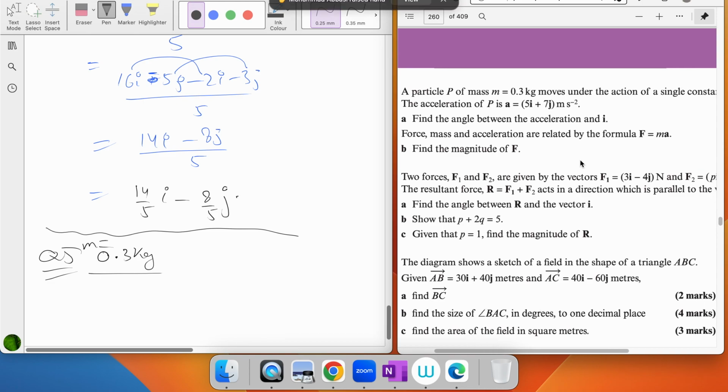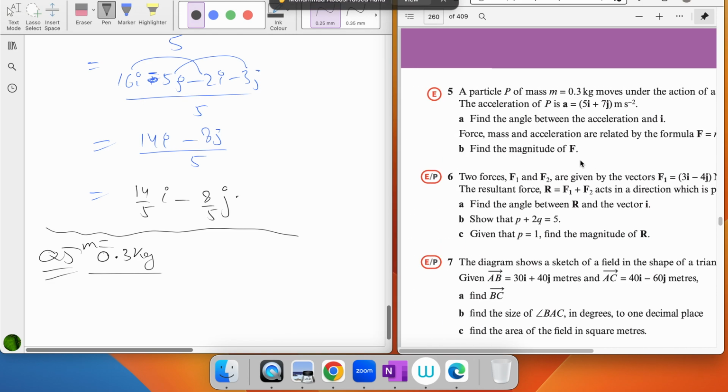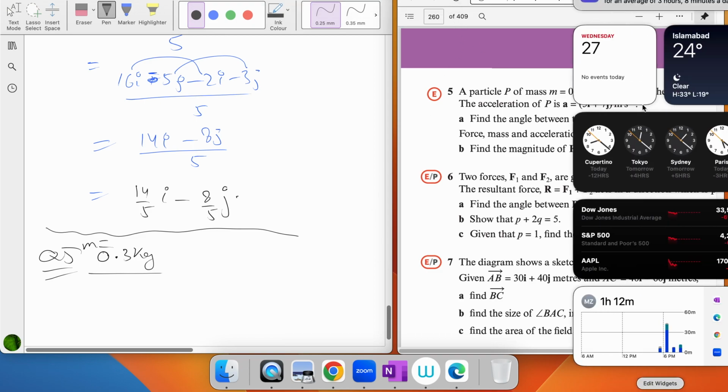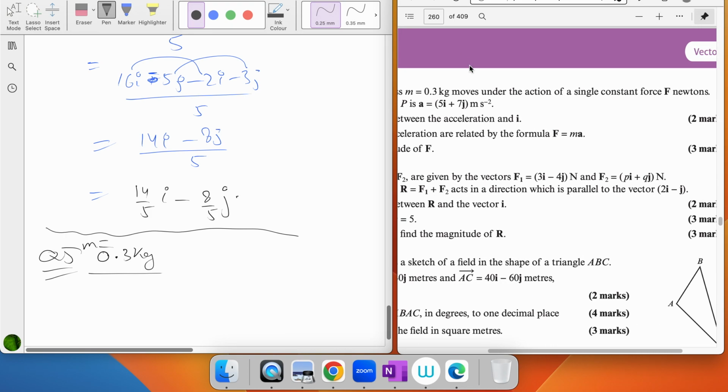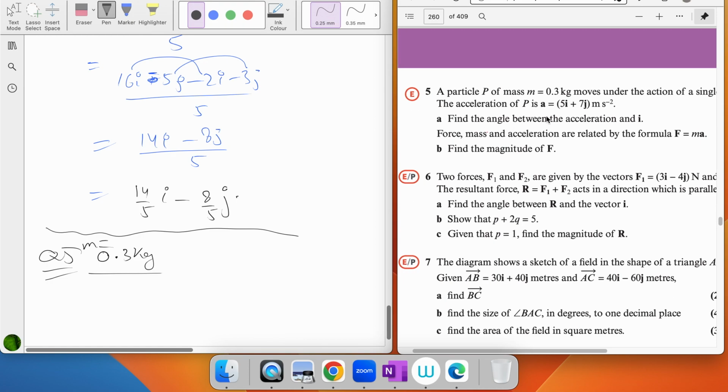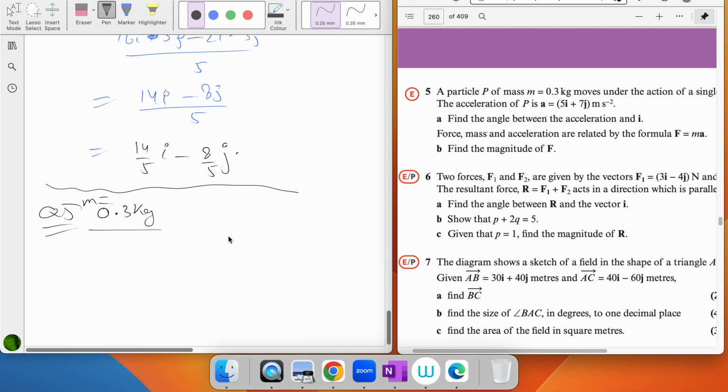Moves under the action of constant force F newtons. The acceleration of P is 5i plus 7j. Acceleration is 5i plus 7j.